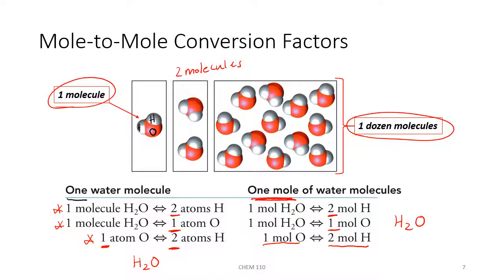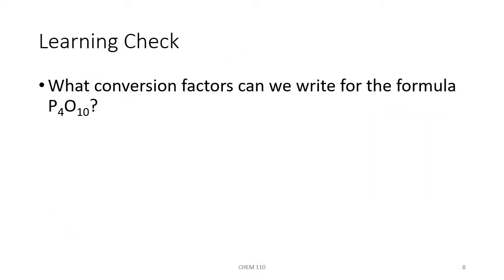So this is specifically looking at the given subscripts for a compound and comparing them to each other and to the overall compound. Let's think about what mole-to-mole conversion factors we can write for the formula P4O10.